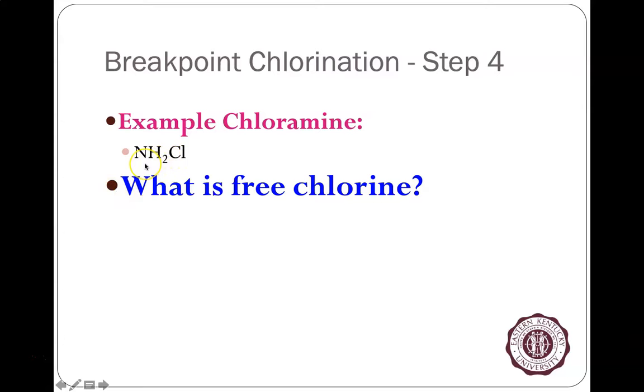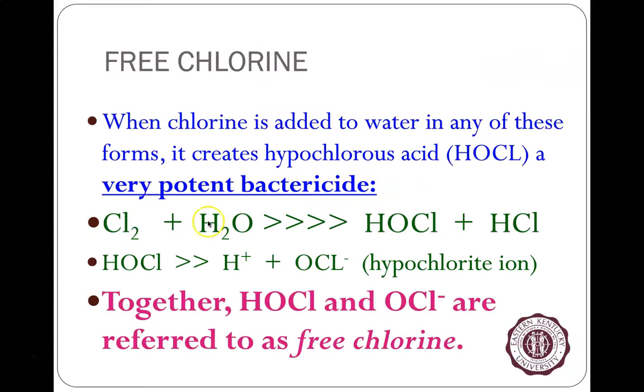Chloramine has a formula that looks like that. That's an amine group attached to chlorine. Free chlorine is just the good old-fashioned chlorine dissolved in the water. So free chlorine is just our chlorine here, and then when it interacts with water, as the water's pH goes up or down, we form more or less of these hypochlorous acids and hypochlorite ions.